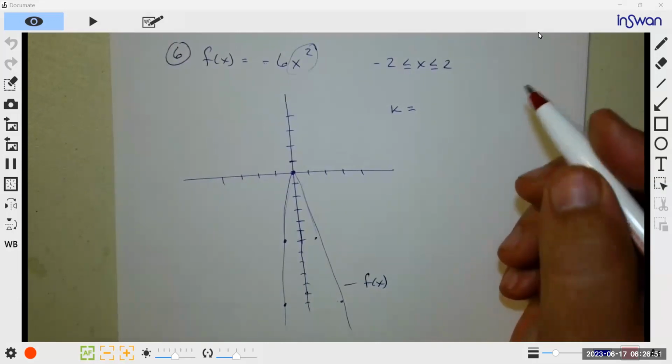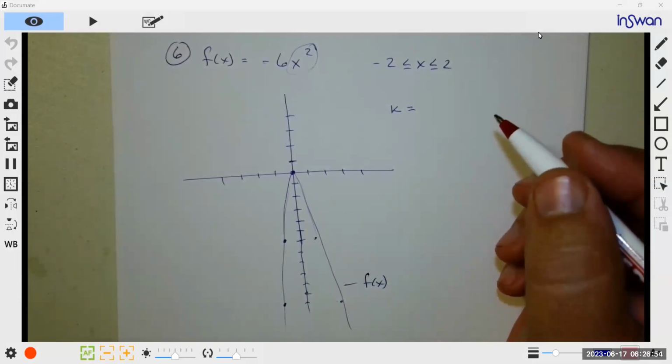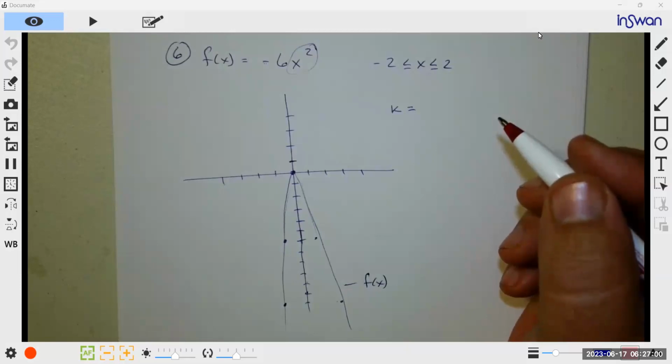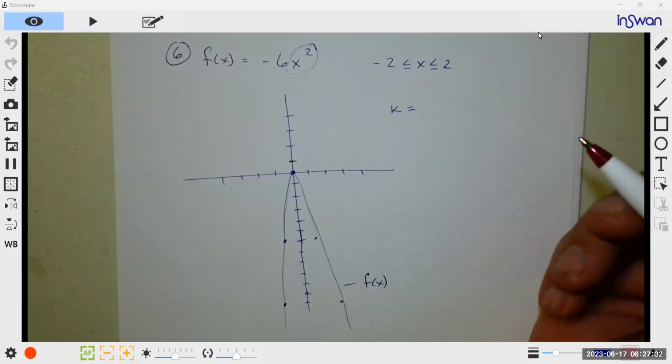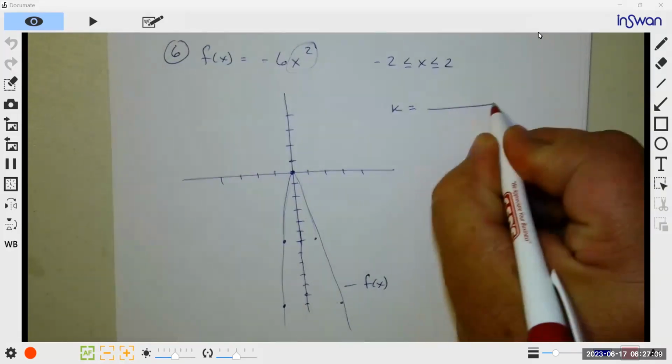And K of x of our function, okay, so we have to find it with that.